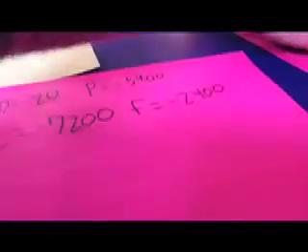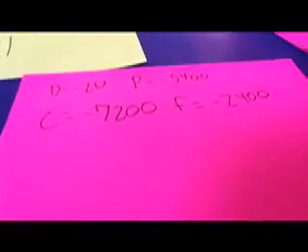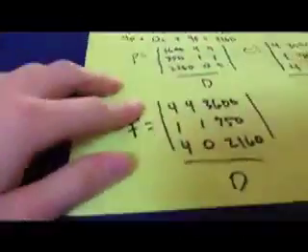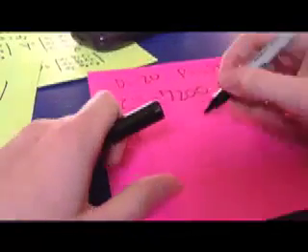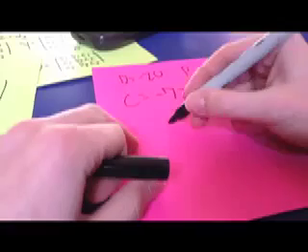Last thing we're going to have to do to find the final values is finish each one of these equations. So now we have found the determinants of P, C and F. Now we just have to divide each number through by negative 20.